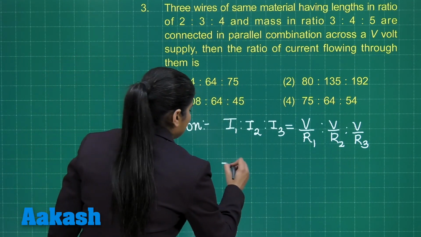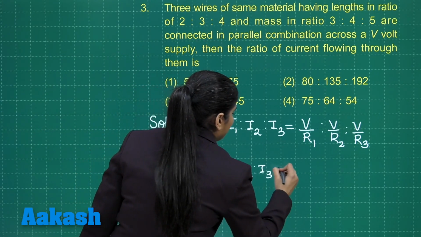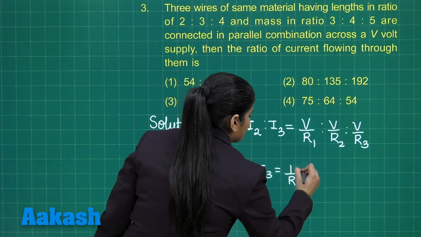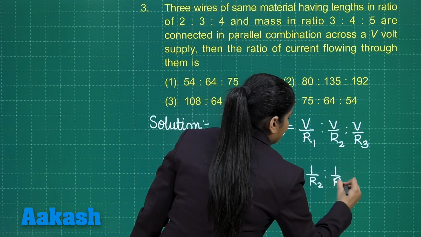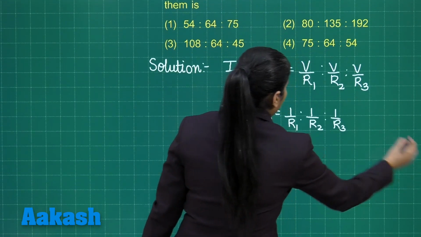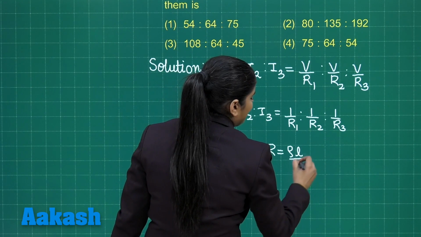Okay, so basically I1 is to I2 is to I3 is the reciprocal of the ratio of the resistances of the given wires. Now if we go by the basic formula for the resistance, that is rho L by A.